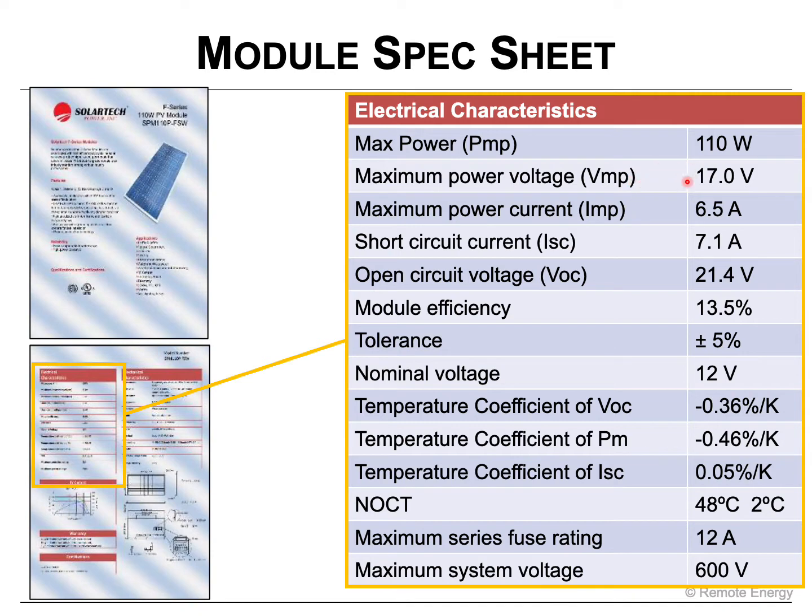We have 17 volts that it can produce at maximum power, and 6.5 amps of current at maximum power. And since volts times amps equals watts, if you multiplied 17 volts times 6.5 amps, you'll get around 110 watts.